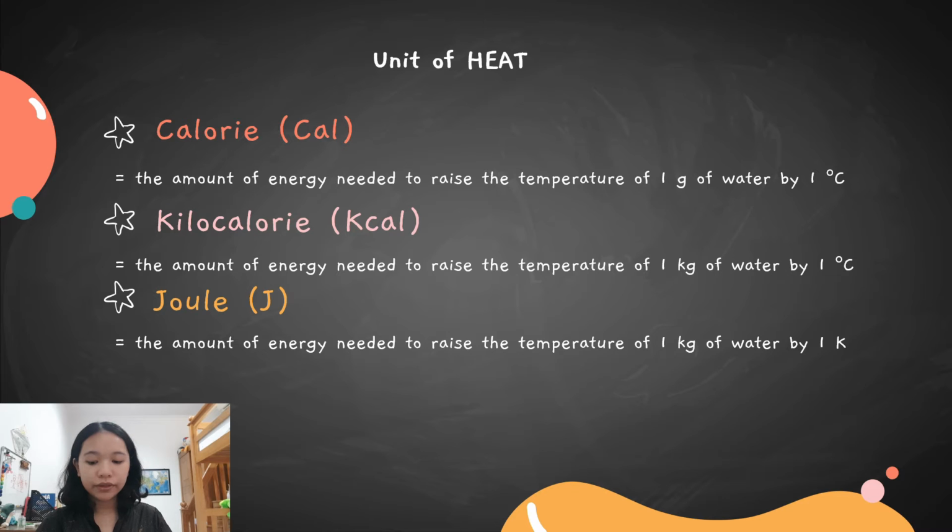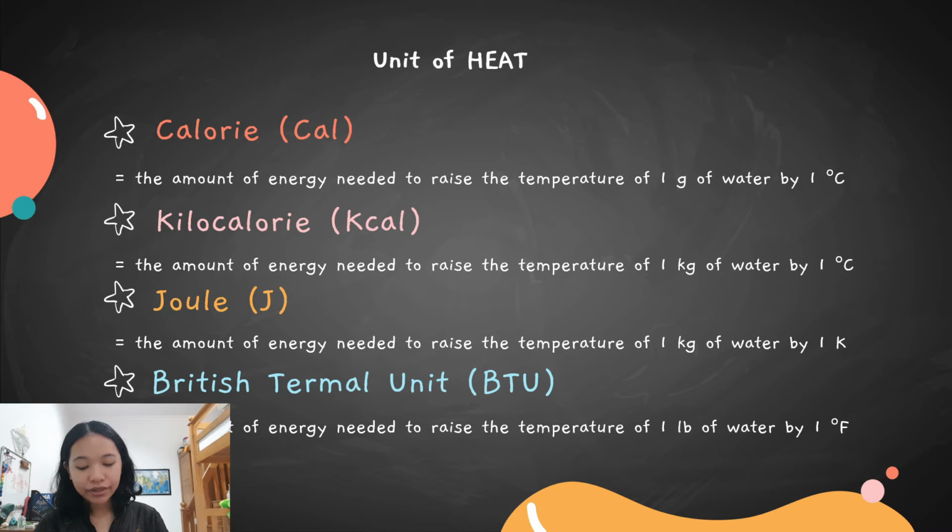Next, we have joule. It is the amount of energy needed to raise the temperature of 1 kilogram of water by 1 Kelvin. It is also the SI unit, because the SI unit of mass is kilogram and the SI unit of temperature is Kelvin. Okay, now the final one is British thermal unit.